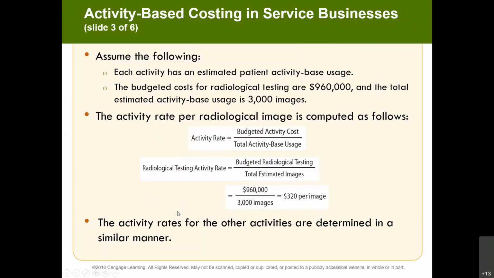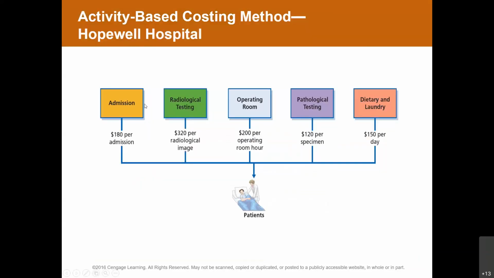We will do the same concept, right? And so we have admissions, radiology, operating rooms, pathology, and dietary and laundry. And so we can really determine the activity-based overhead for each activity in the hospital for each patient. And we could apply that to each patient.